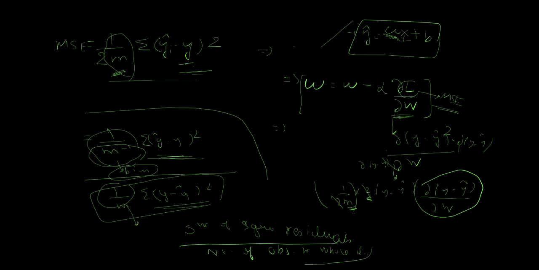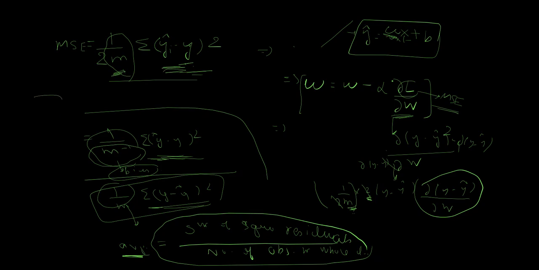So you are just taking the average of these residuals in all these cases. In a nutshell, you can use this formula or this formula, it doesn't matter. What you're trying to do is reduce the average value of these residuals iteratively.